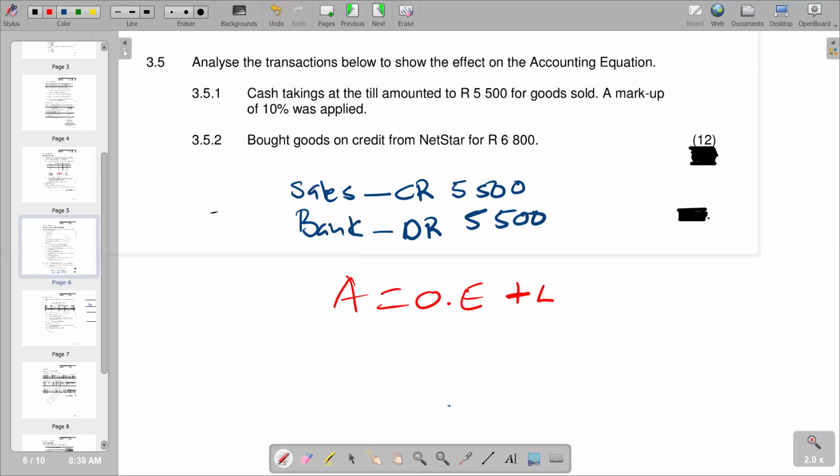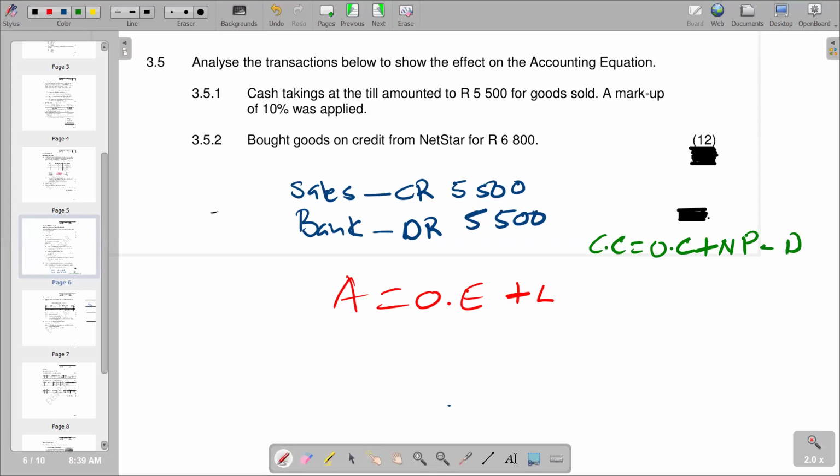Our sales, remember, we adjust in the income statement, or the profit and loss account, whereby our sales increase our net profit. And an increase in net profit also increases the owner's equity, if you remember the formula that says our closing capital balance equals capital balance plus net profit.